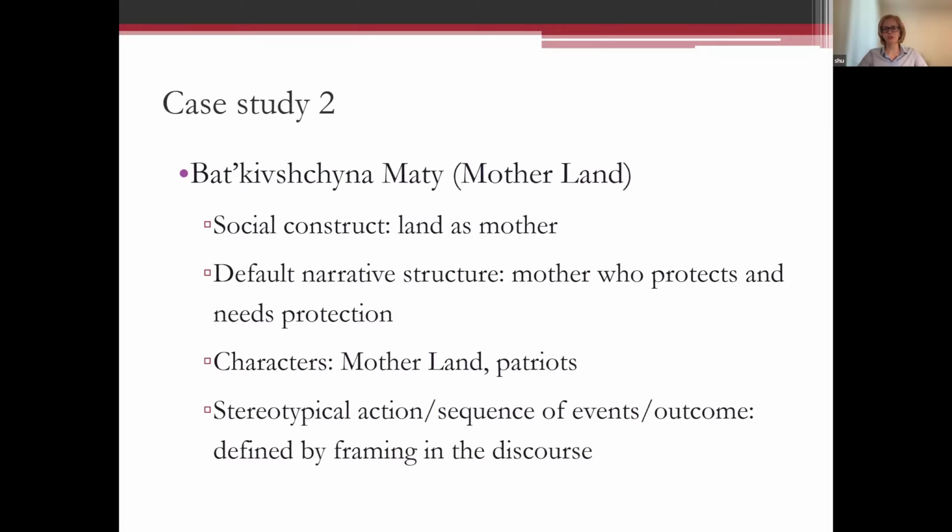The characters involved in the scenario are motherland, or personified land, symbolized or visually represented as a statue, but also patriots who either seek protection or are there to protect their mother. As you can see, once again, the framing in the discourse defines how this cultural symbol participates in two distinct discursive practices, that of patriotism and that of traveling. Next slide, please.